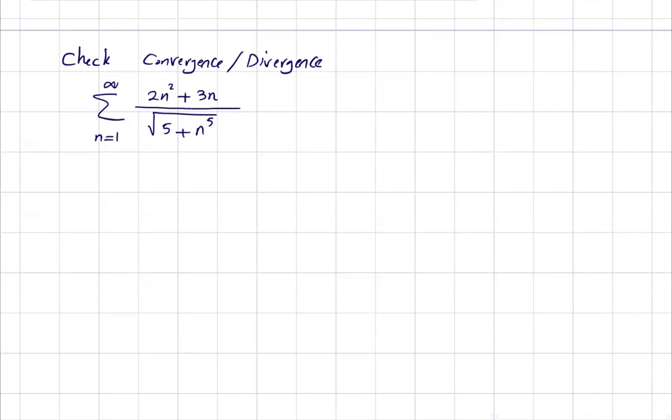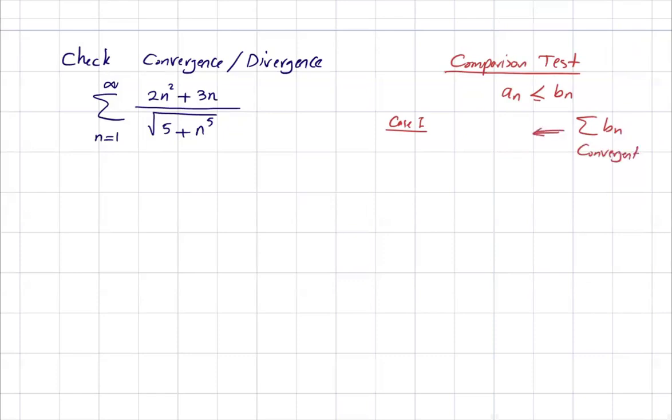If you decide to use the comparison test method, you're basically comparing an and bn, and you have two cases. In the first case, case 1, if the larger series is convergent, you can conclude that the smaller series is convergent as well.